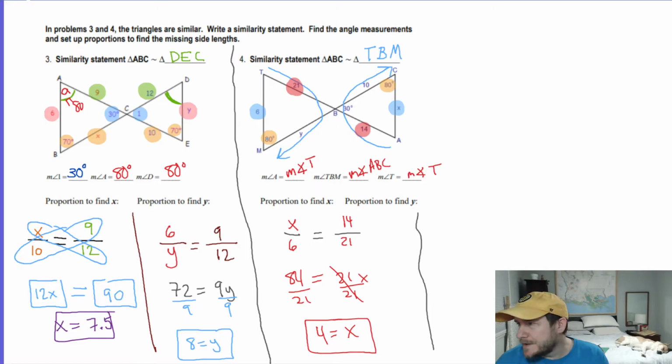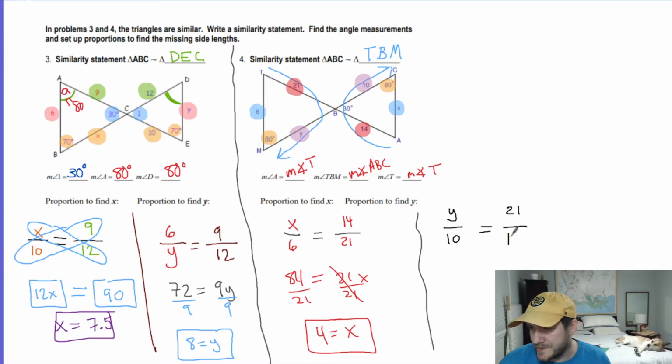That's it. To solve for y, we have to find y. Here it is. And we see that y corresponds with 10. So this time we'll set up a proportion where we've got y over 10 as one of our fractions. And then we want to use the 21 and the 14 again. But again, notice I put the y into the numerator. So it's the 21 that should go in the numerator. And the 14 will go into the denominator.